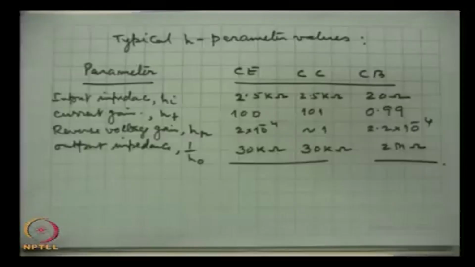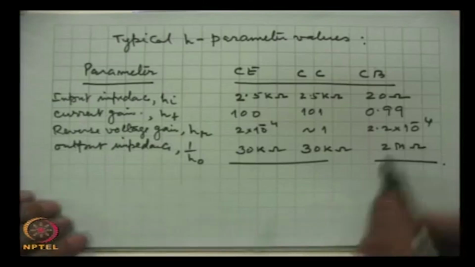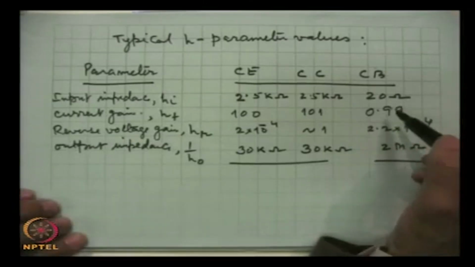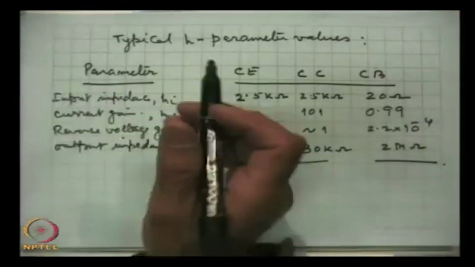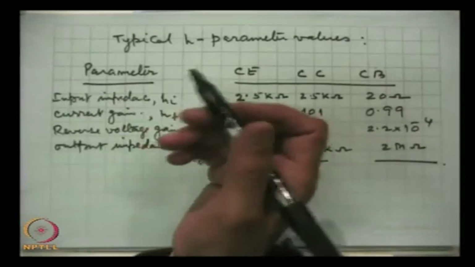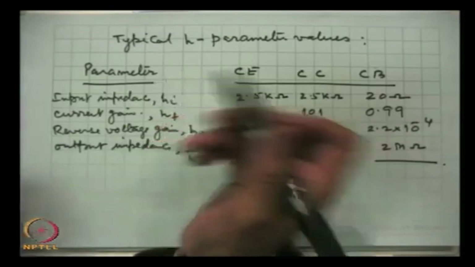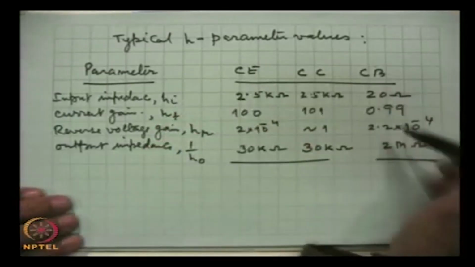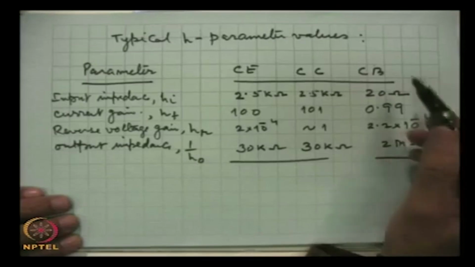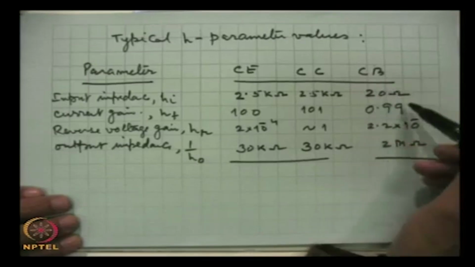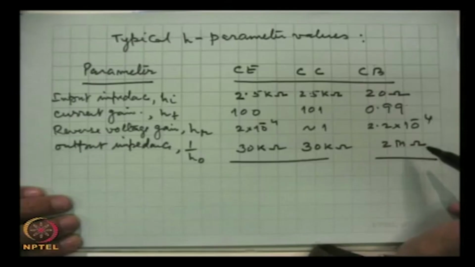Briefly, we can see when we cascade, when we use multi-stage amplifiers, which is very commonly done in systems, that the input and output impedances here are drastically different. That means two common base circuits cannot be connected together because of the large difference in the input and output impedance.